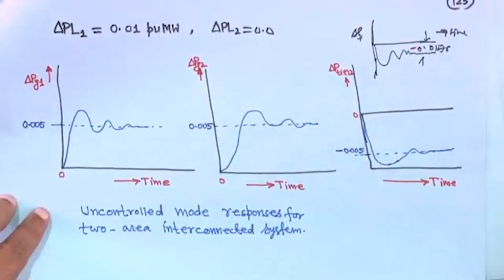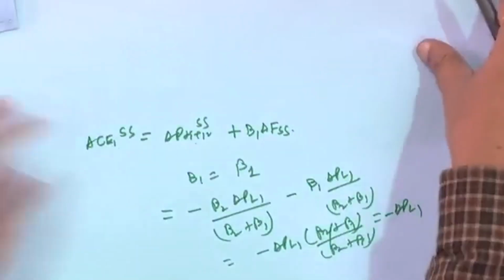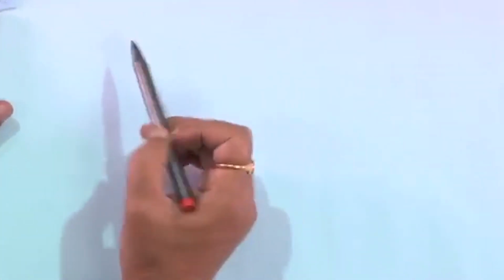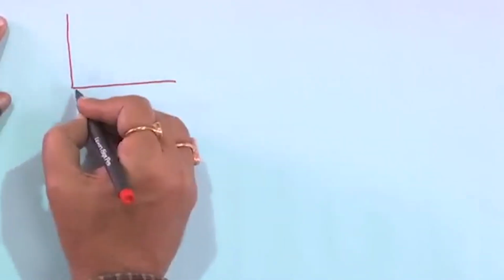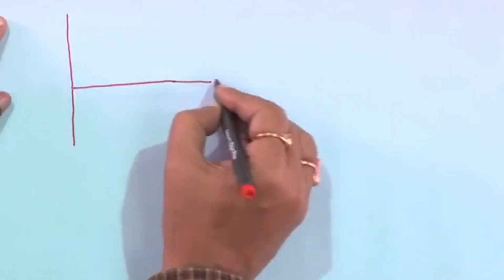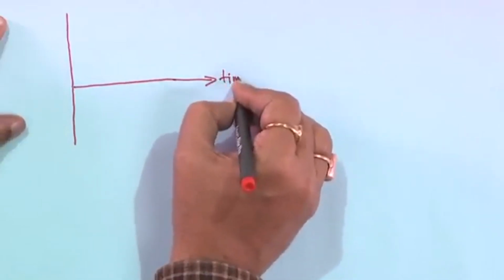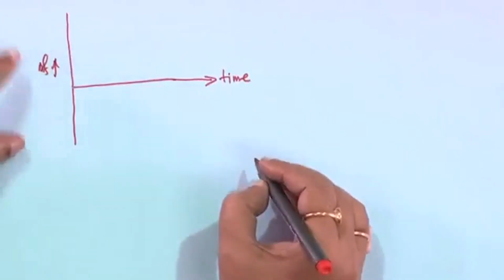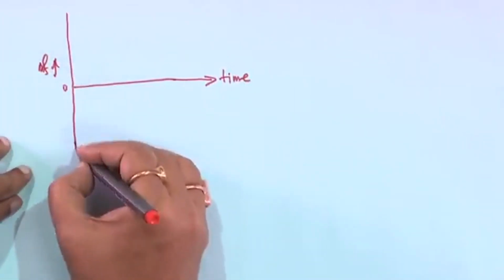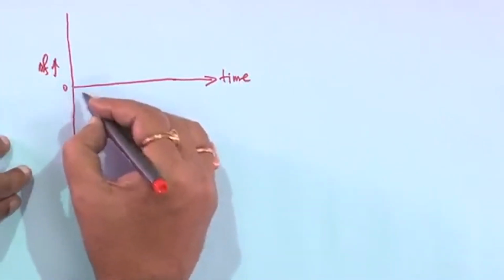Now, if you put the controller here, then frequency will be like this, this is time, and this is Δf, and this is 0. So it is control mode.